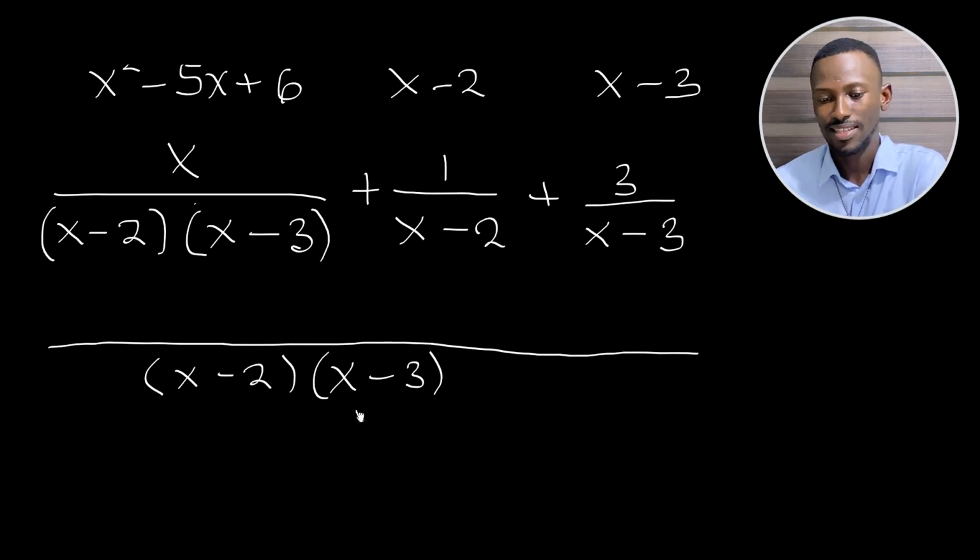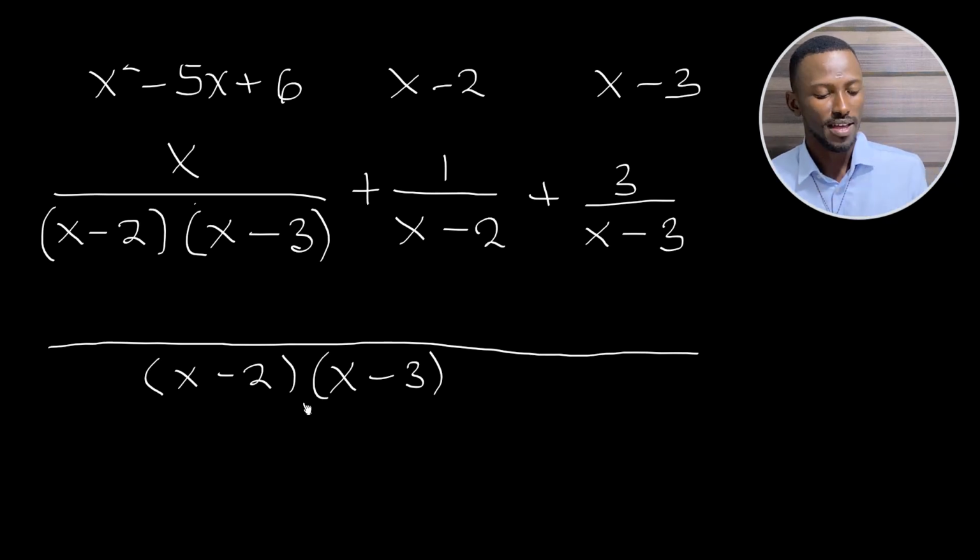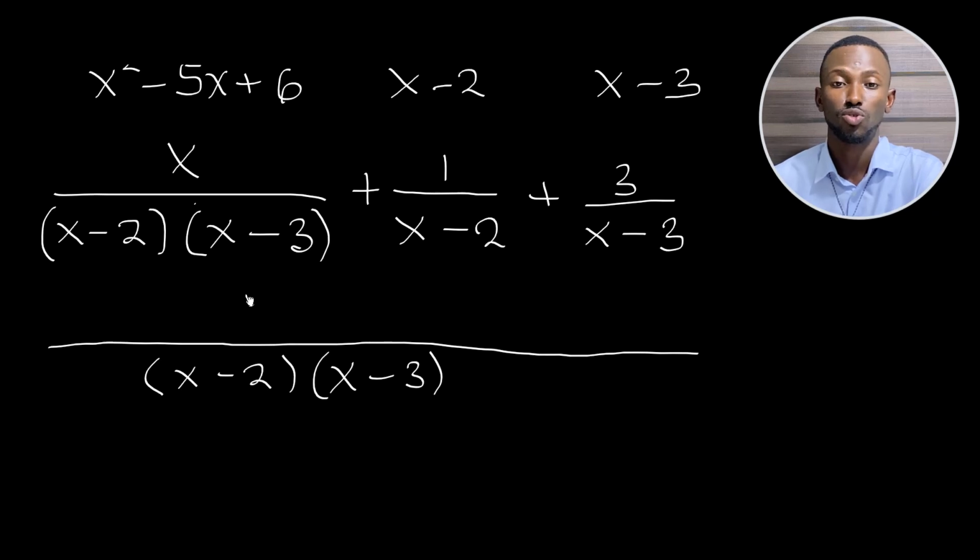So just picking this gives us the LCM of the denominators. And what I've observed over the years is that most of the time, with this kind of question, if you factorize the algebra, it ends up becoming the denominator or the LCM of the fractions you are trying to solve.